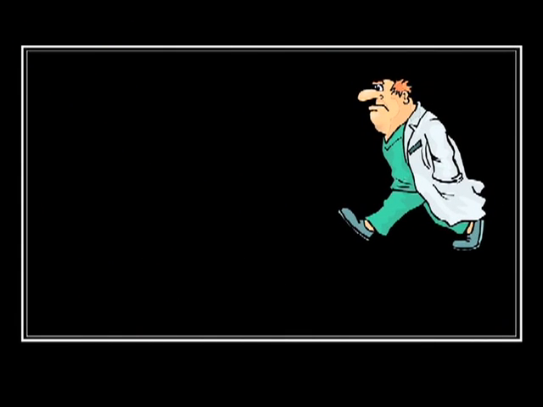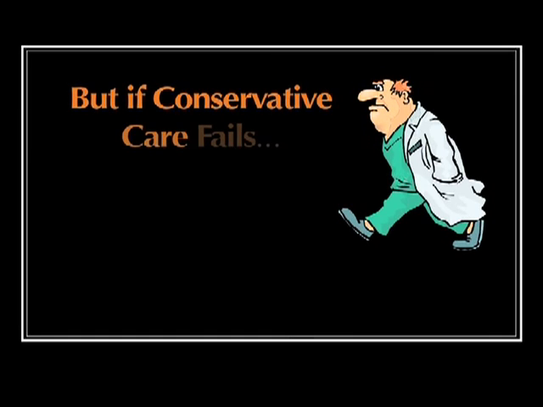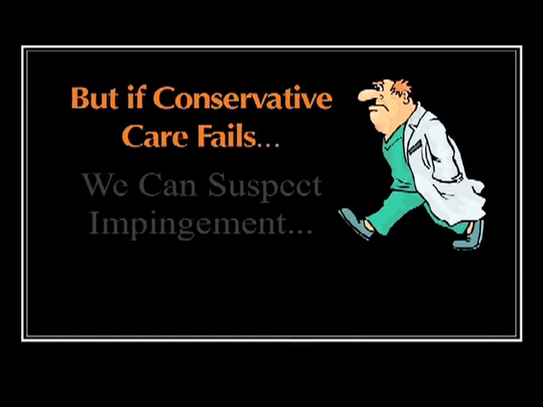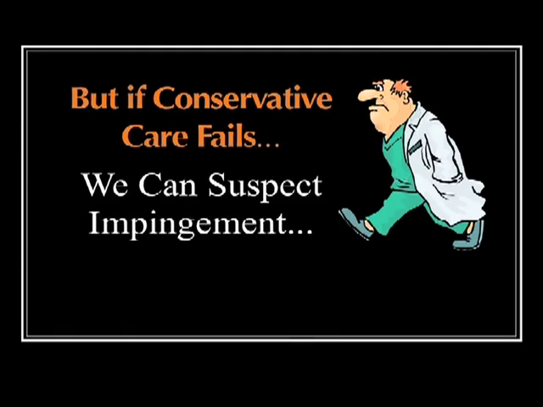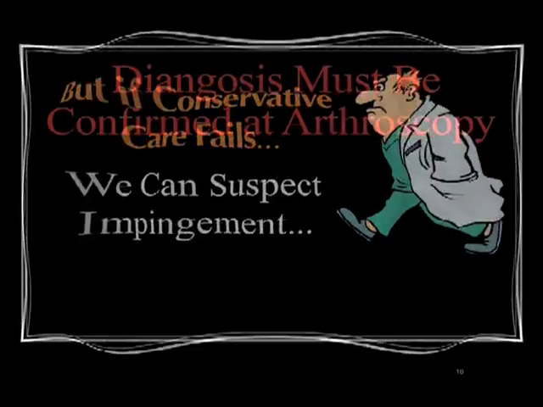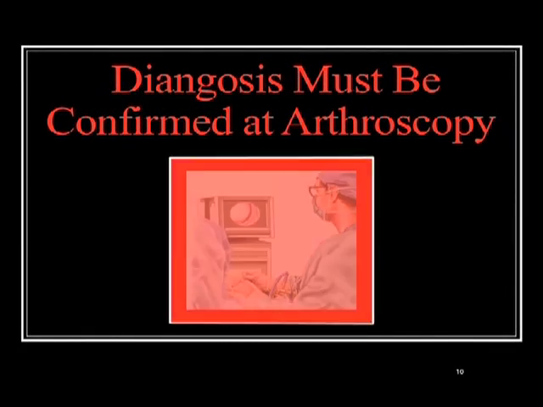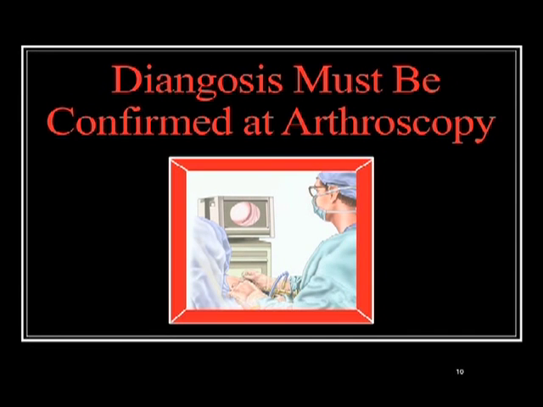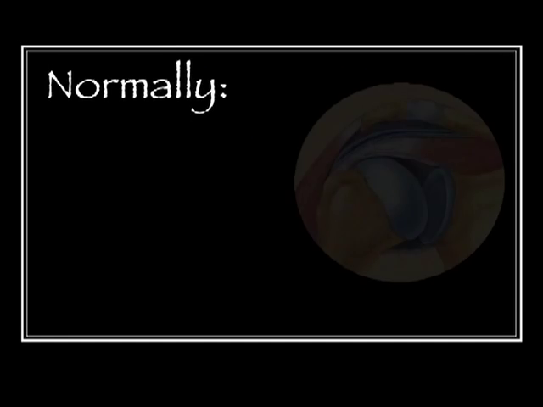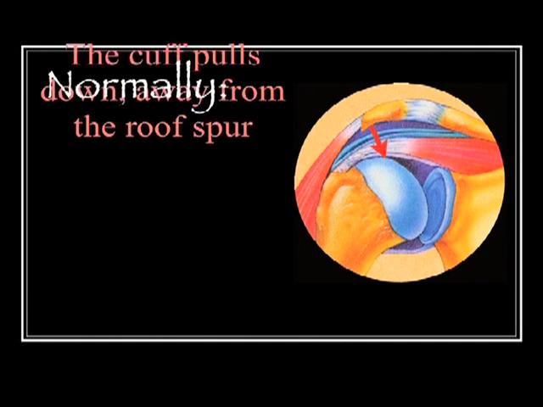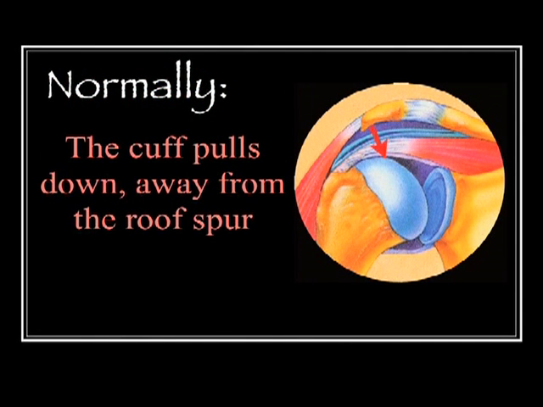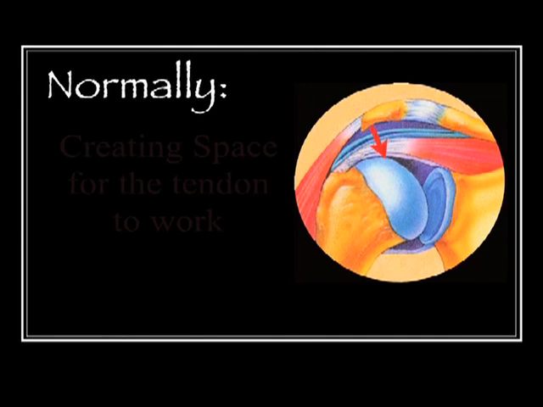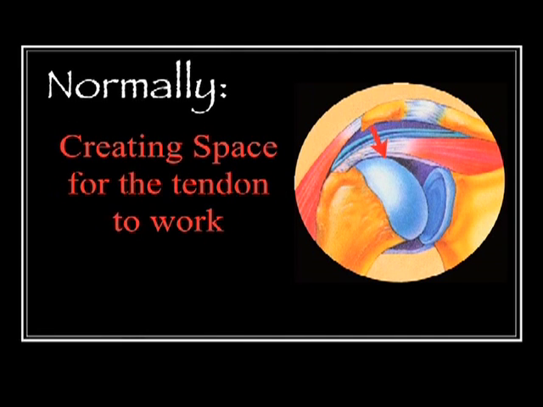If the patient continues to have pain despite adequate conservative care, we can suspect the presence of severe impingement, but ultimately the diagnosis must be confirmed by arthroscopy. In summary, the shoulder is normally held inferiorly by the rotator cuff, providing clearance between the tendon surface and the acromial spur.